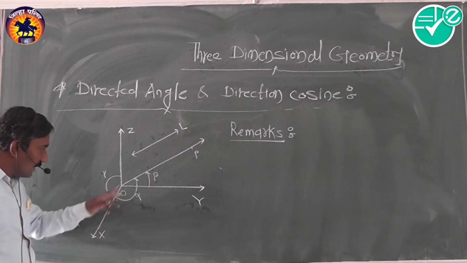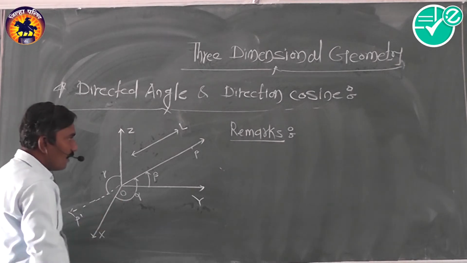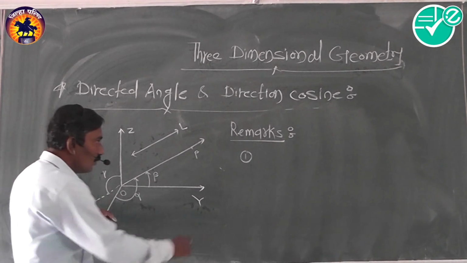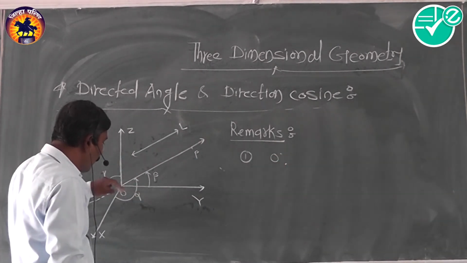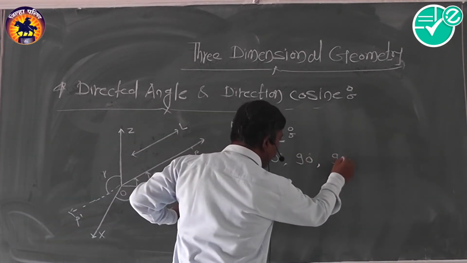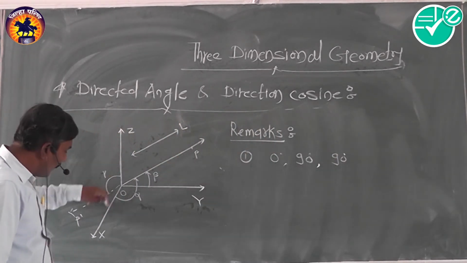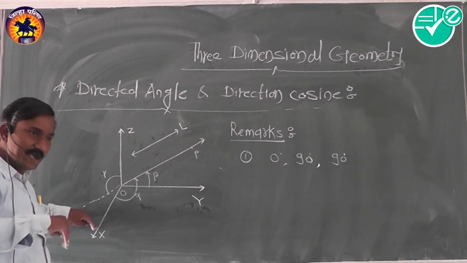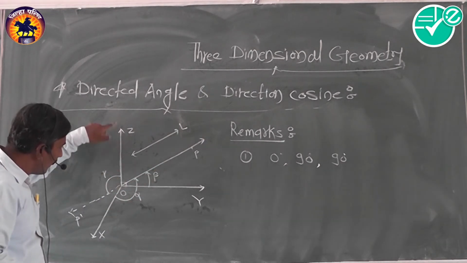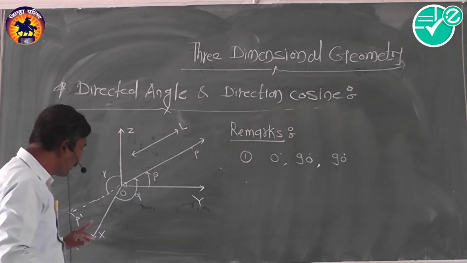The x axis creates an angle of 0 degrees with itself. The y axis creates an angle of 90 degrees, and the z axis creates an angle of 90 degrees. So the x axis makes 0 angle with itself, and it is perpendicular, that is 90, to the others.